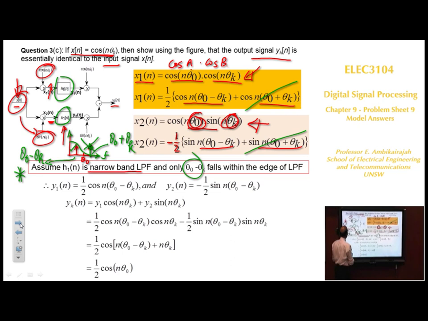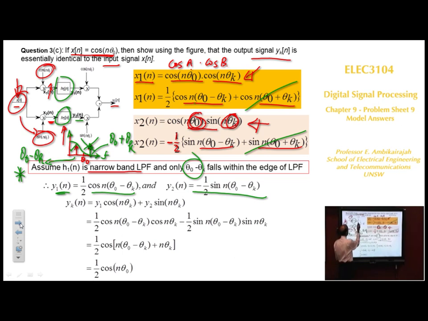So you will end up with y1 being only this part, half cos theta, okay, and y2, which is here, will be only that one, because the filter removes them.